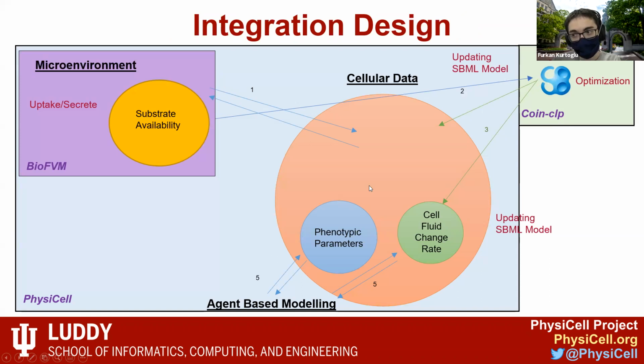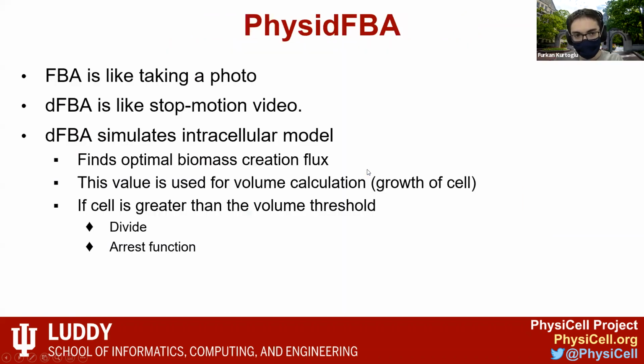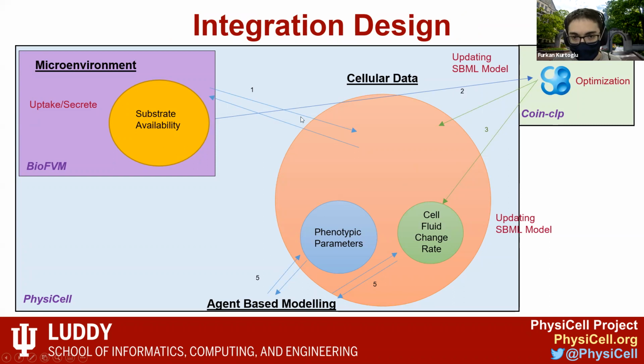So the FBA is a very similar approach. FBA is like taking a photo, and DFBA is like a stop motion video, which is like taking a video. The one important thing here is that we don't have any intracellular part in the FBA.